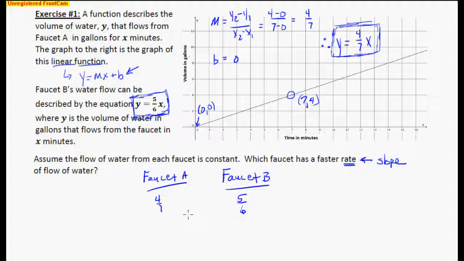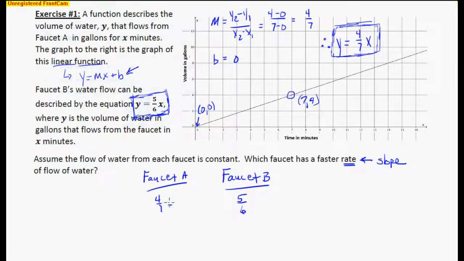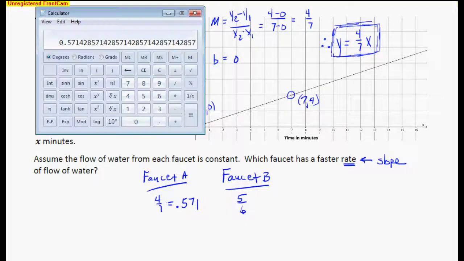Now, some of you may not be able to look at that and say, oh yeah, I know which one is bigger. If you don't, then we'll call up the calculator here, and we'll take 4 and divide by 7, and that gives me a decimal of 0.571.